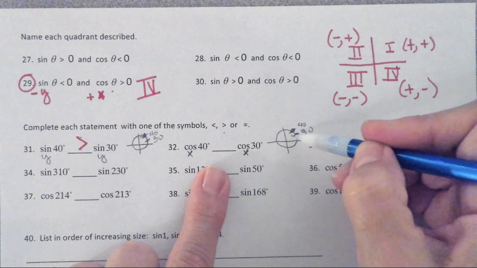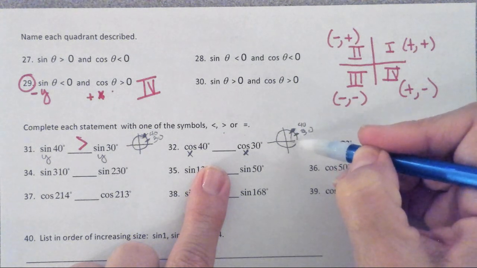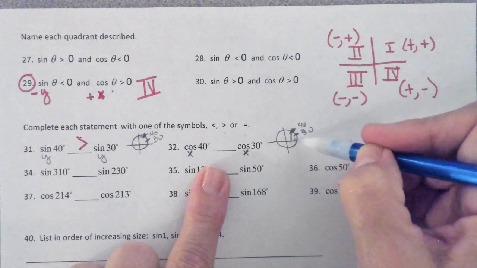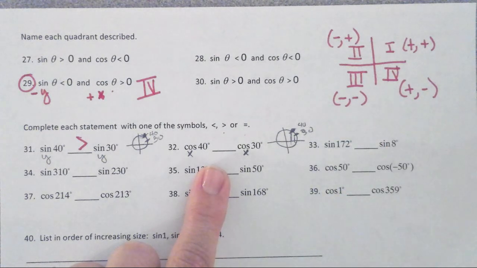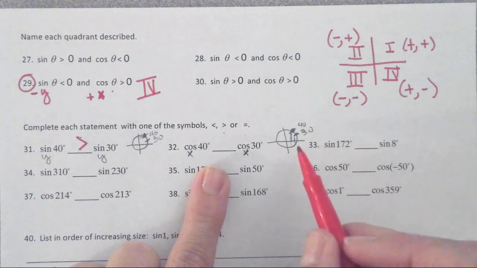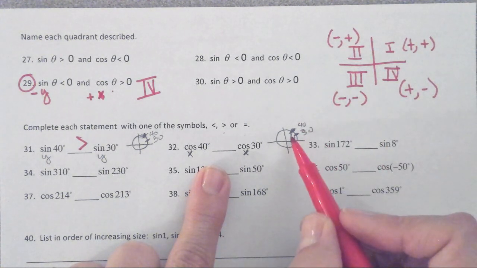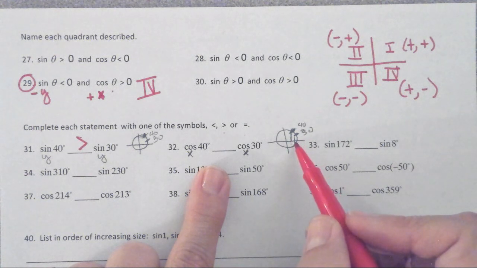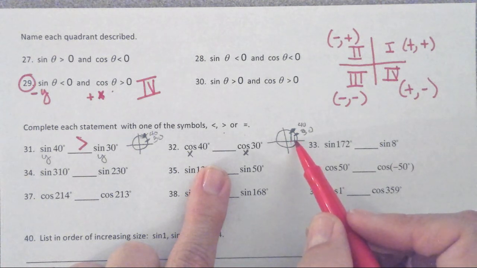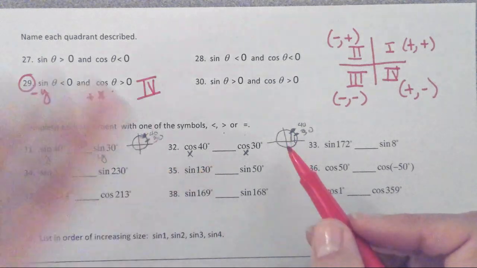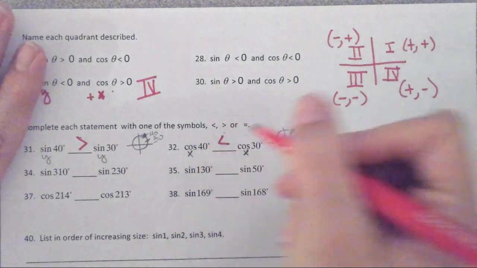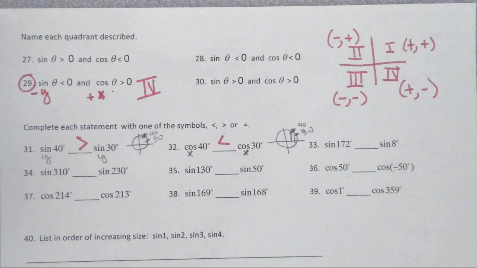Now we're looking this way. Is the 40 degrees bigger or smaller than 30 degrees? Well, we're going from 40 to 30. That 40 is actually smaller than the 30. See, it's closer to the 0. So it's less than.